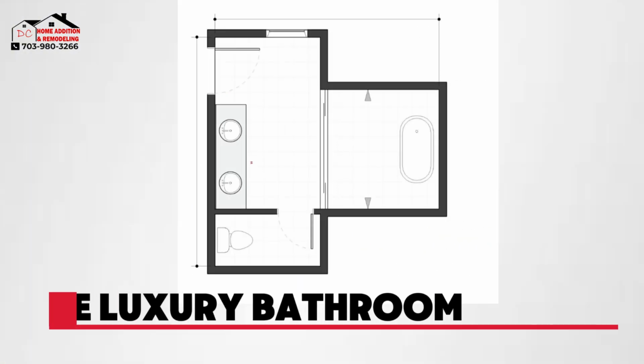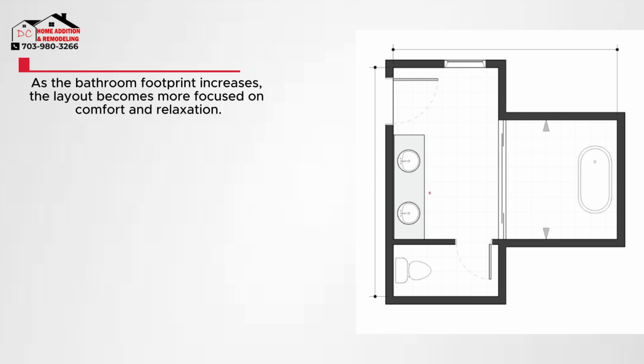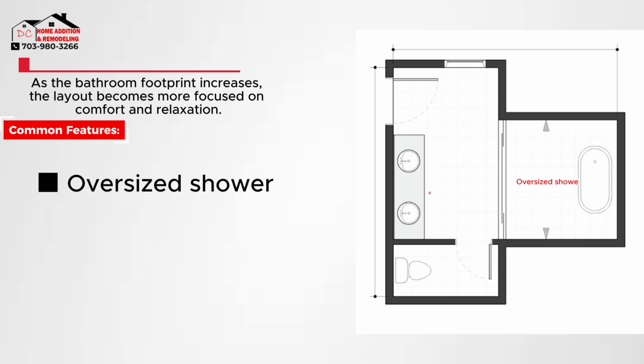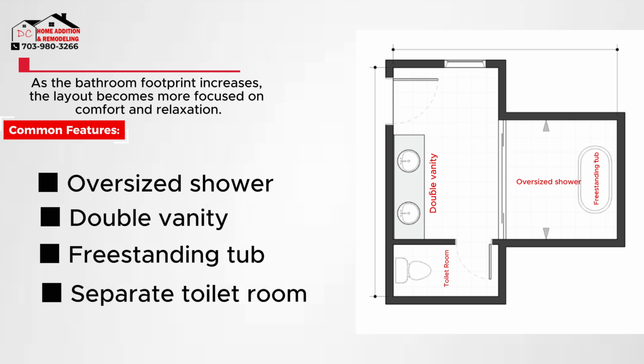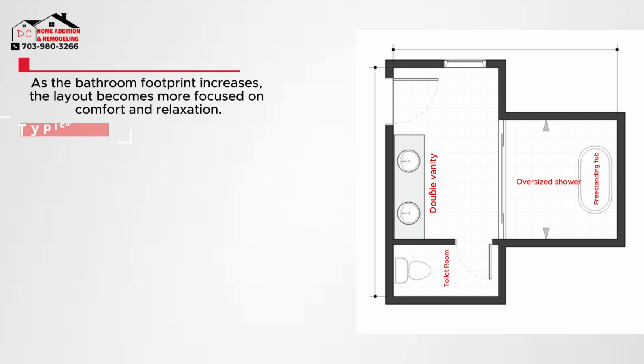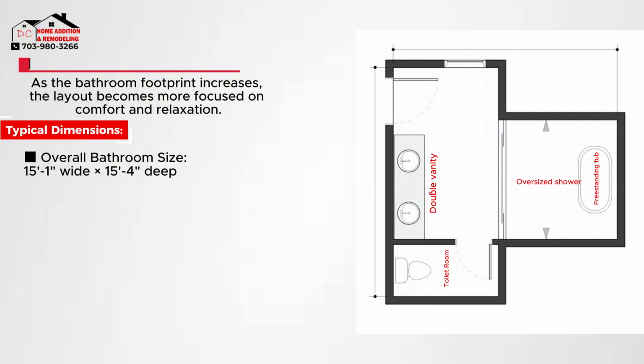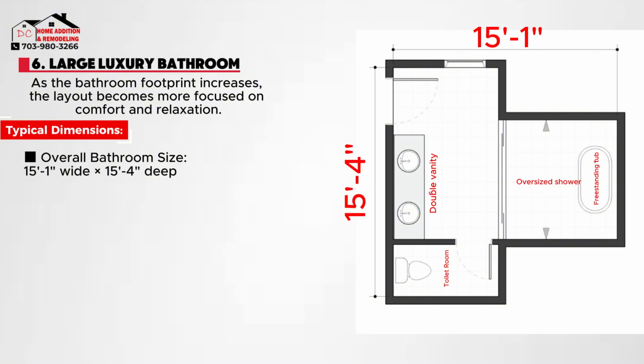6. Large luxury bathroom. As the bathroom footprint increases, the layout becomes more focused on comfort and relaxation. Common features: oversized shower, double vanity, freestanding tub, separate toilet room. Typical dimensions: overall bathroom size 15 feet 1 inch wide by 15 feet 4 inches deep. Double vanity width 84 inches.